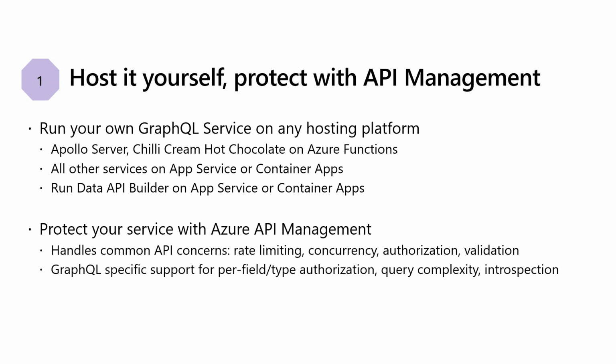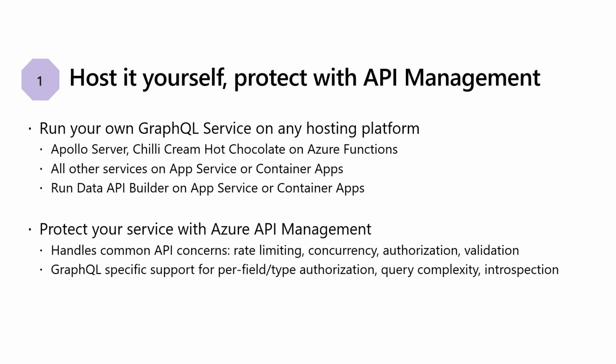You can be in a secure enclave with ASE. You can be in the public internet with a normal app service. If your choice is Data API Builder, you can run that here as well. There's no problem there. What we do recommend is that you protect your service with Azure API Management.